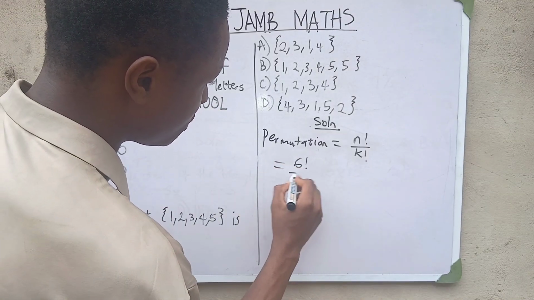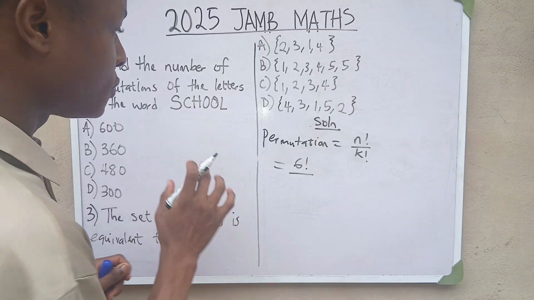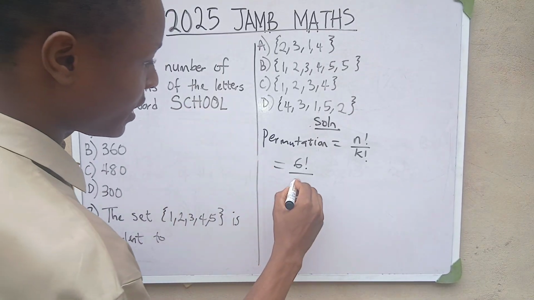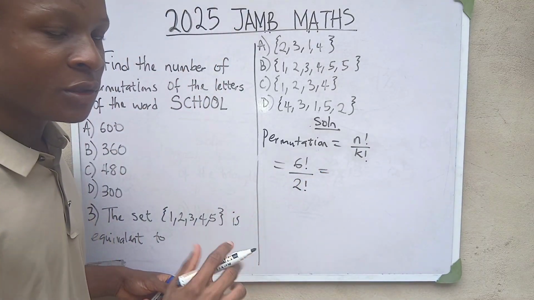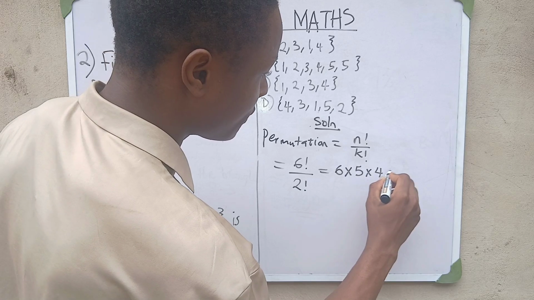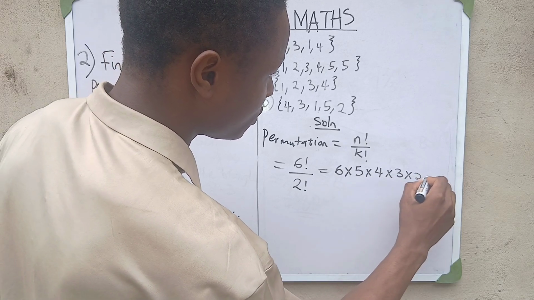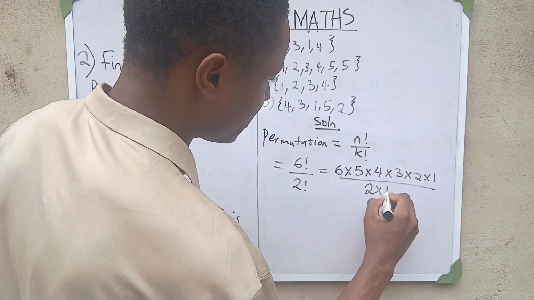So we have 6 factorial all over, how many O's appeared in the word school? There are 2 O's. So we have 2 factorial. Now 6 factorial is 6 times 5 times 4 times 3 times 2 times 1, while 2 factorial is 2 times 1.